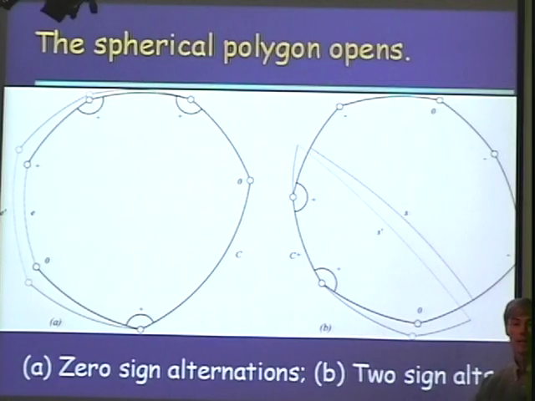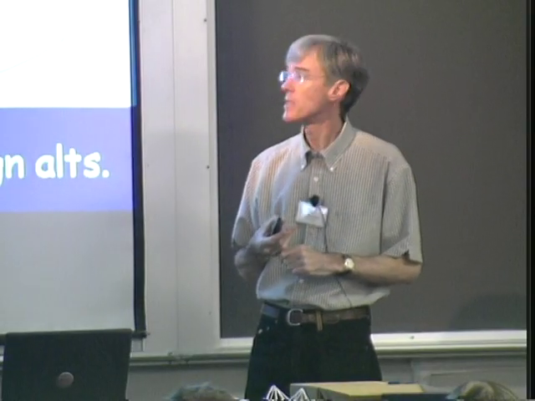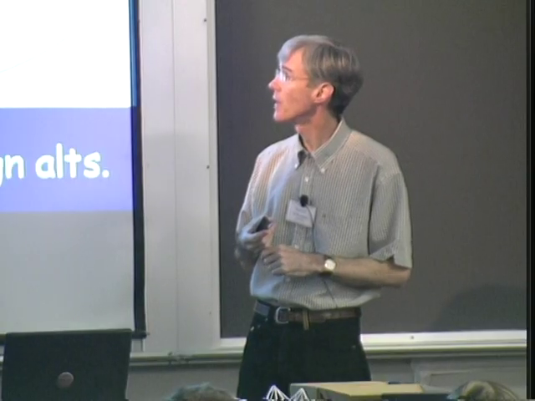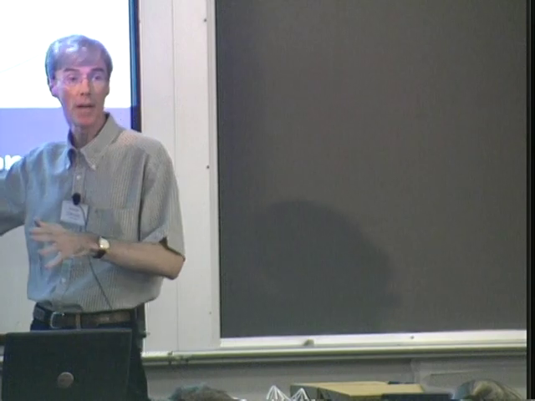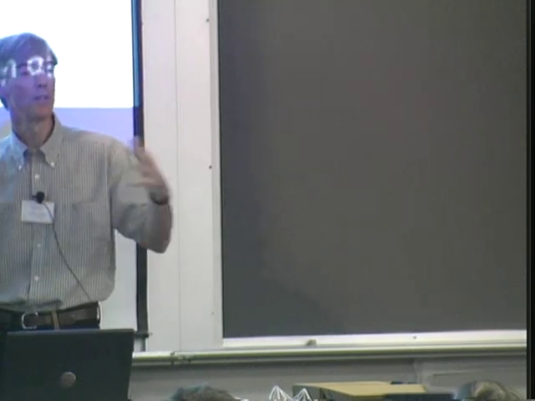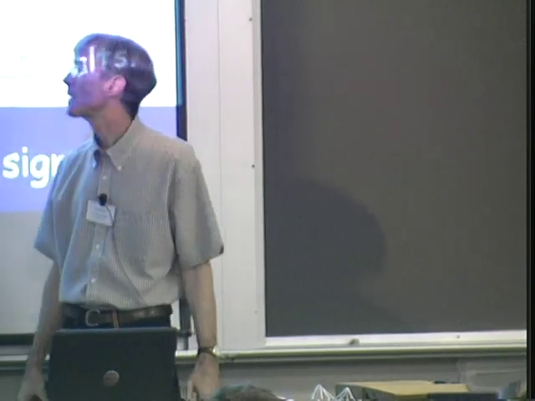But in fact, if you open up these dihedral angles, you must stretch one edge, E to E prime. This is called Cauchy's arm lemma sometimes, and you may know it has a somewhat checkered history. His original proof was incorrect, and it was not corrected until the 1930s, maybe, by Steinitz. So it's a fairly tricky argument. But anyhow, this gives a contradiction. You cannot have 0 sign alternations because it would have to get bigger.